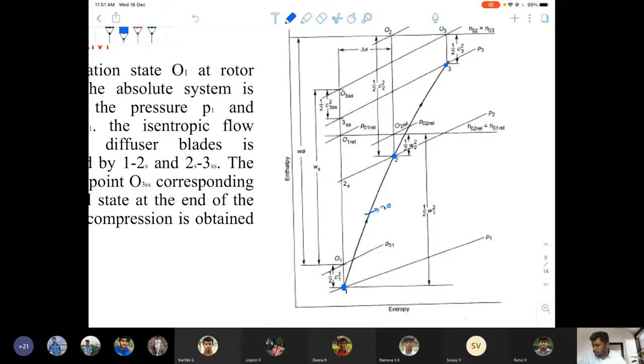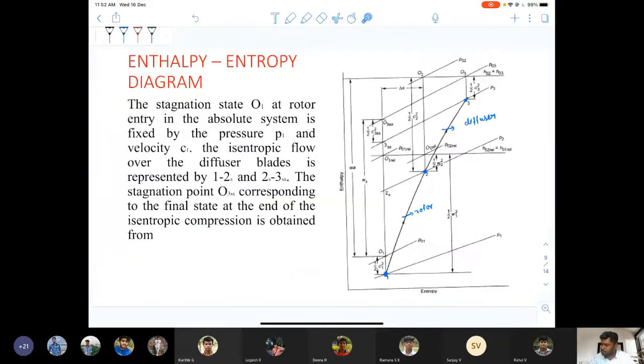This is for the rotor, and this is for the diffuser. Therefore, the total actual work will be happening from 1 to 3, and from 1 to 2 it is for the rotor blade, and 2 to 3 is for the diffuser blade.